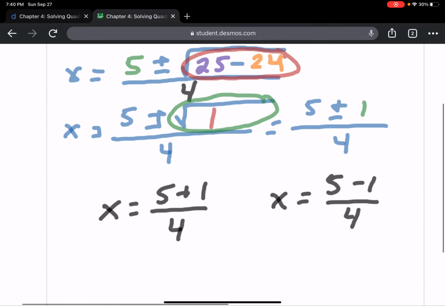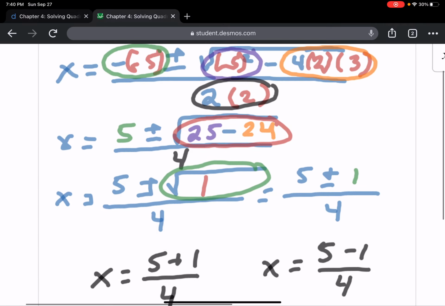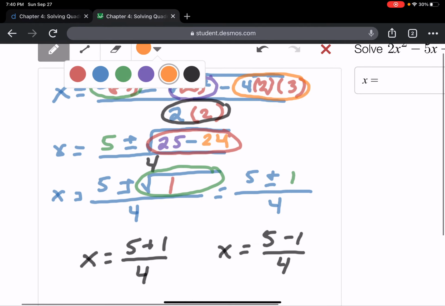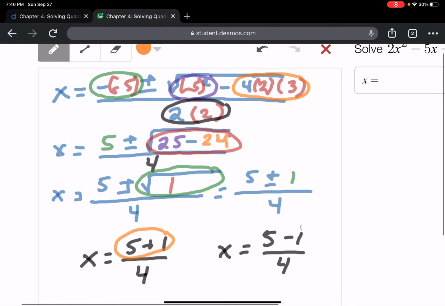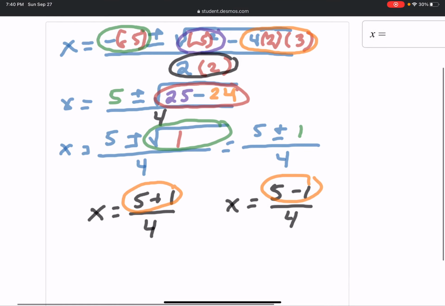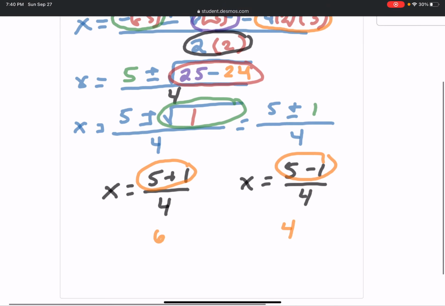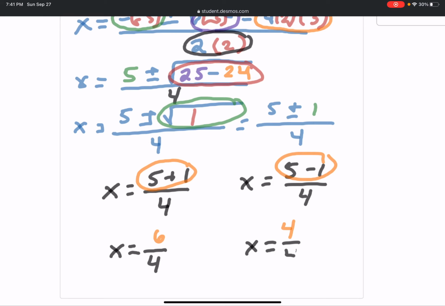So I have two values that I'm going to get as my solution. So I'm going to add my numerators or subtract my numerators. Over here I'm going to get 6, over here I'm going to get 4. So I have x is equal to 6 over 4, and x is equal to 4 over 4.